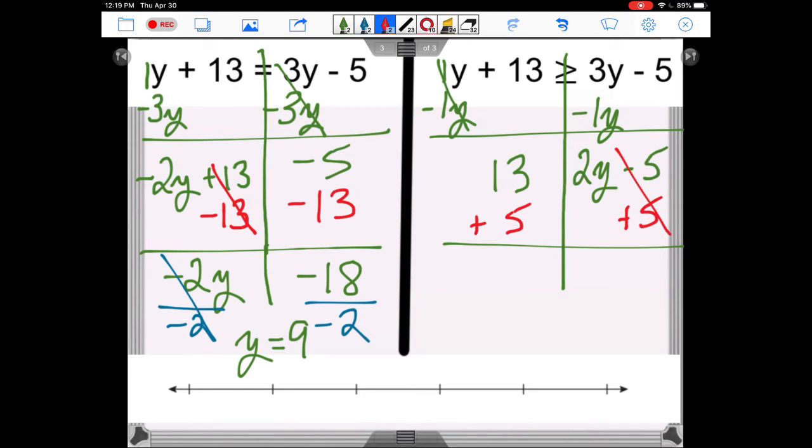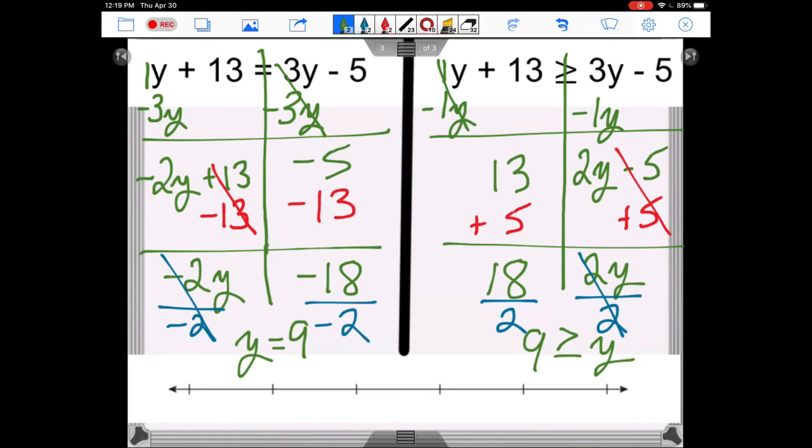Negative 5 and positive 5 make 0. 13 plus 5 makes positive 18. On the other side, we're left with 2y. And now the final step will be to divide by 2, which makes 1, and divide 18 by 2. That makes positive 9 is greater than or equal to y.